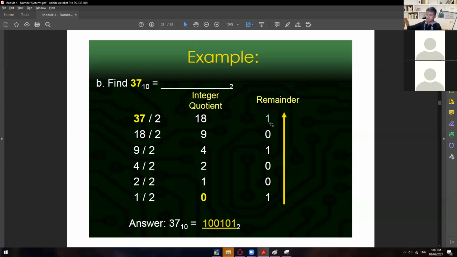Okay, so that's how we've got those remainders. Right? So any other concerns? Concerns or questions or clarifications?